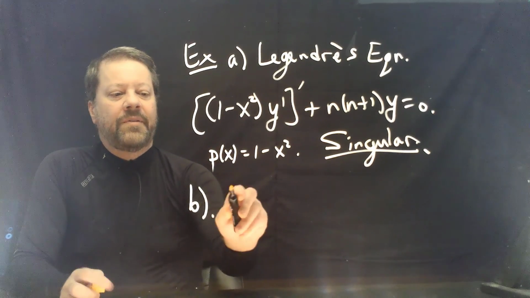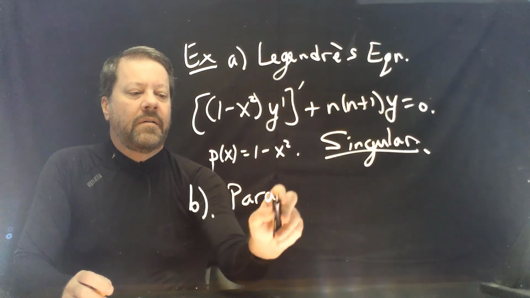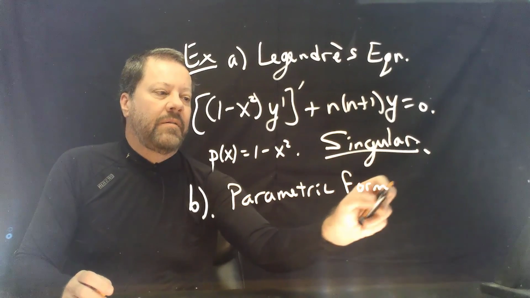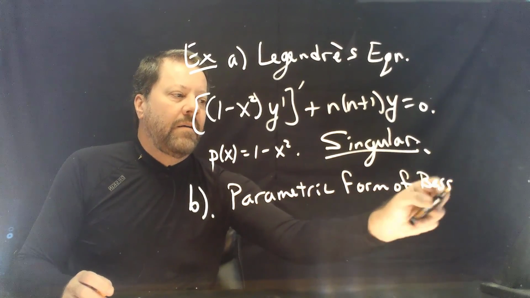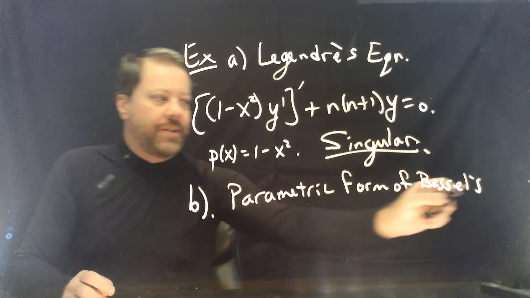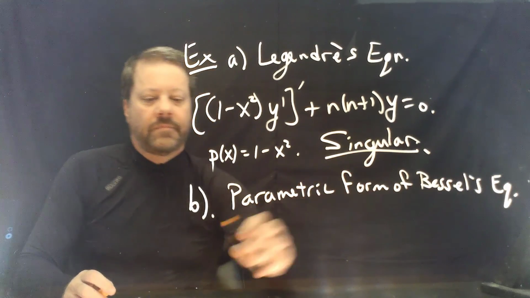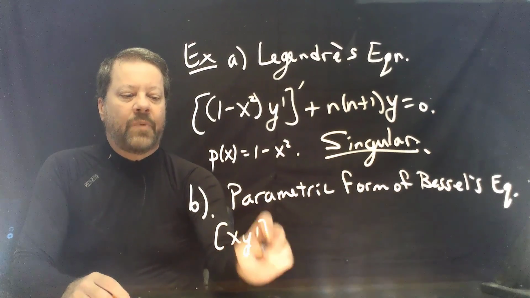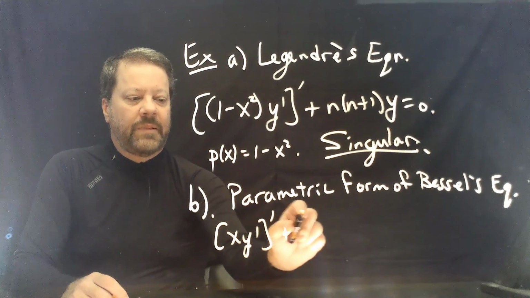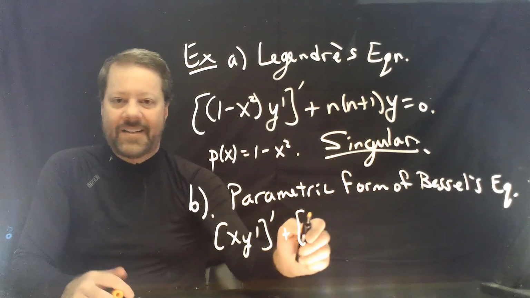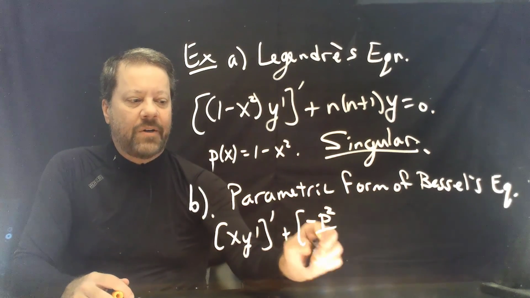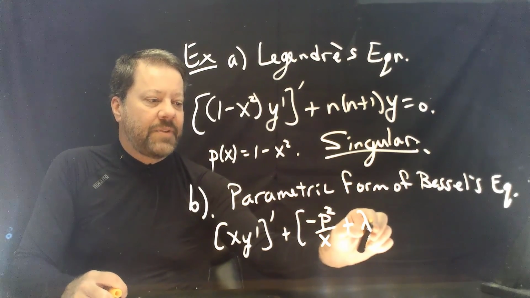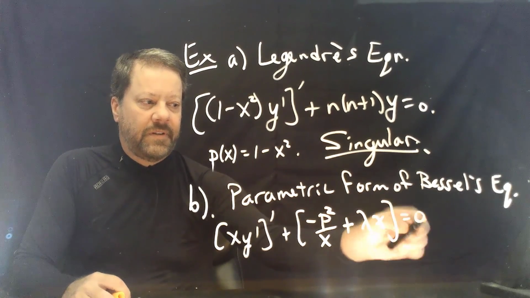For another example, there's the parametric form of Bessel's equation, which may be written in the form xy prime prime plus, we're going to write the next term in a special way, negative p squared over x plus lambda times x equals 0.